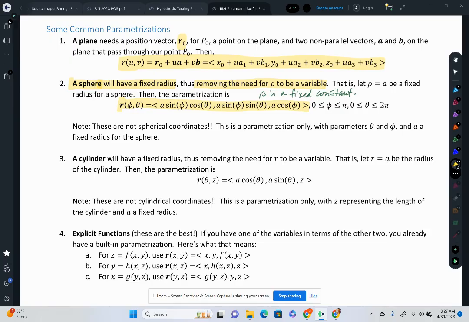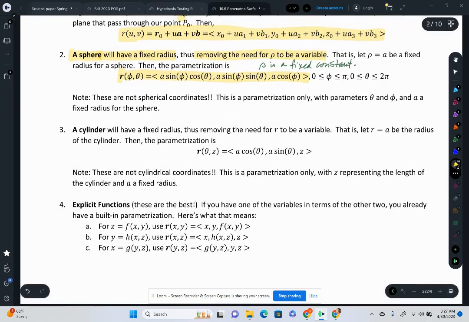All right, then we have a cylinder. A cylinder is also a very common thing that we will need to parametrize, and we actually just dealt with one. Notice in the one I have right here, the x component is a cosine theta, the y component is a sine theta, and the z component just gets to be z.